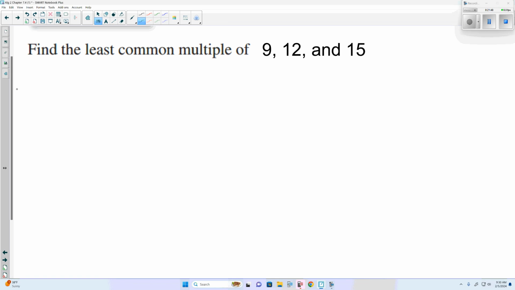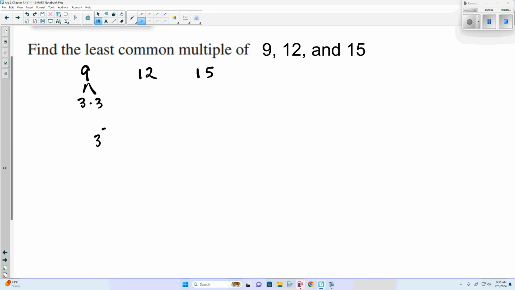Now, before we do that, I do want to do at least one more with numbers. I'm hoping that doing this will help a little bit with seeing how this works. We have 9, 12, 15. Well, 9. 2 doesn't go into 9, but 3 does. 3 times 3.